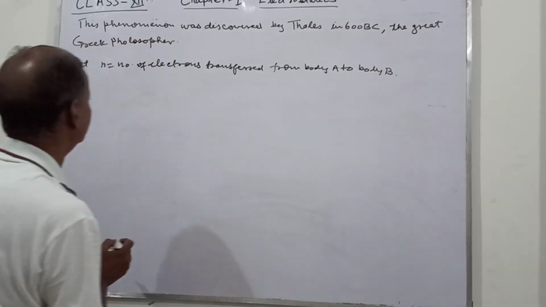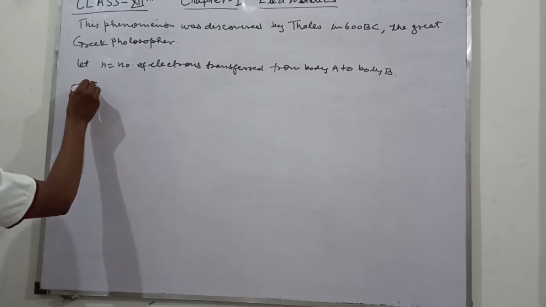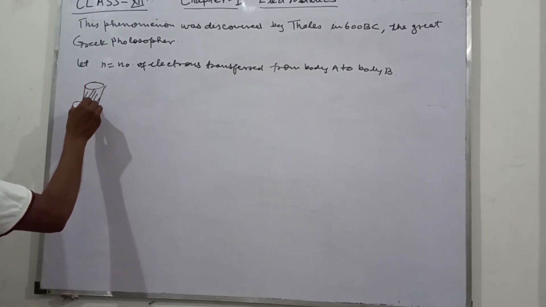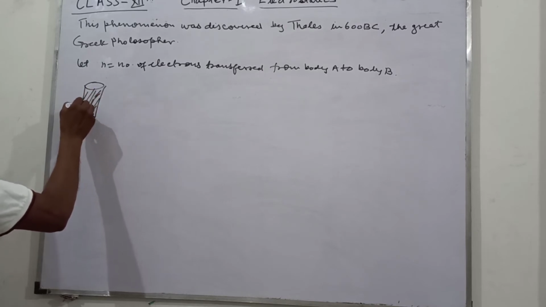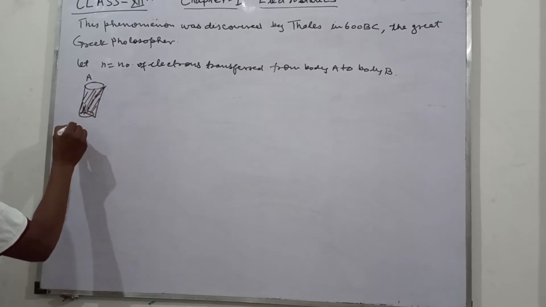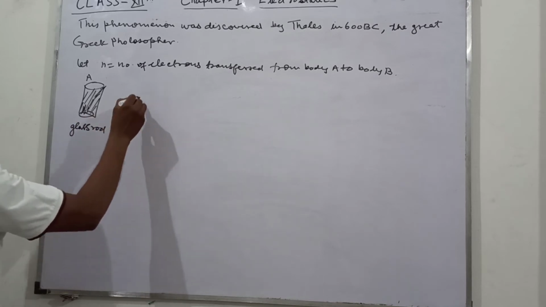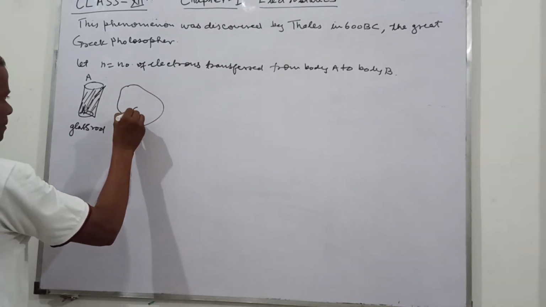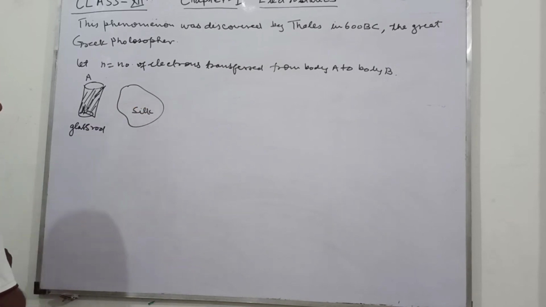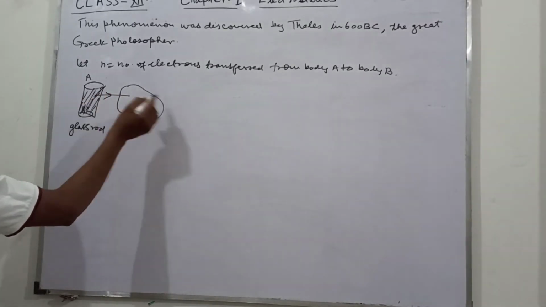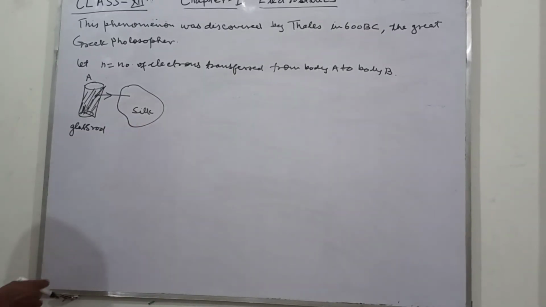body B. Suppose we have a glass rod, this is body A, and this is silk. Then n number of electrons are transferred from this glass rod to silk.